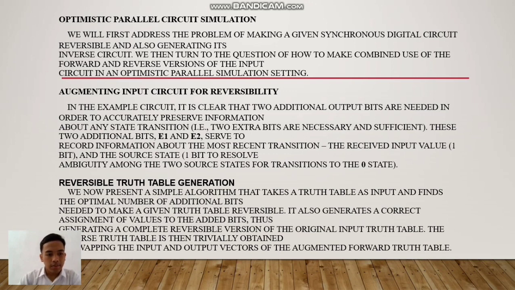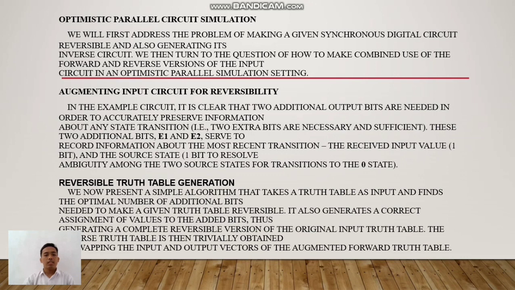Number three, reversible truth table generation. We now present a simple algorithm that takes a truth table as input and finds the optimal number of additional bits needed to make a given truth table reversible.